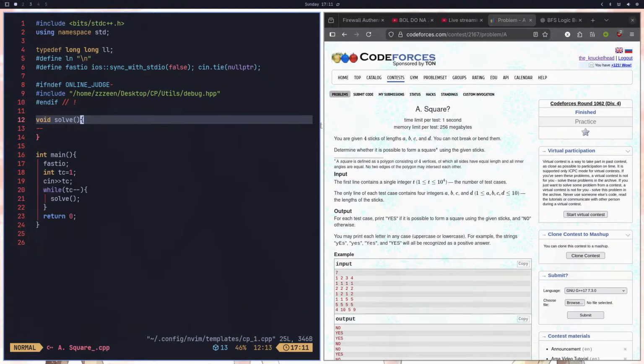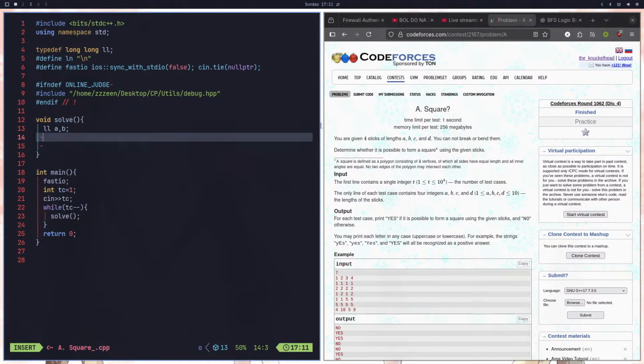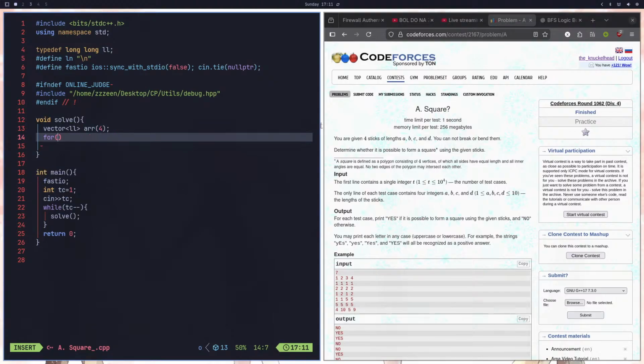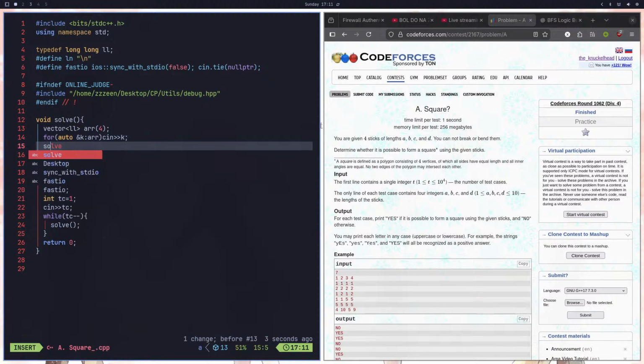Redirect, CPP. long long A B C D, cin, vector long long R. For auto K in R, cin K. Sort R.begin, R.end.